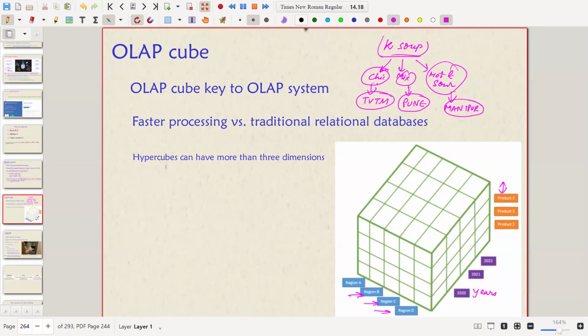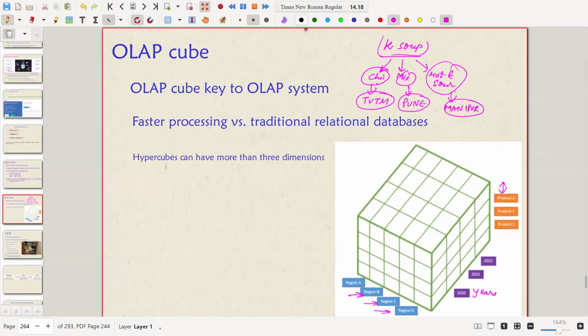After considering a lot of different states and cities, we can come to an analysis that this state or this city has given us the largest amount of sales in these areas. So they can foster the sales more next time in these areas, right? So you can see this is the OLAP cube.